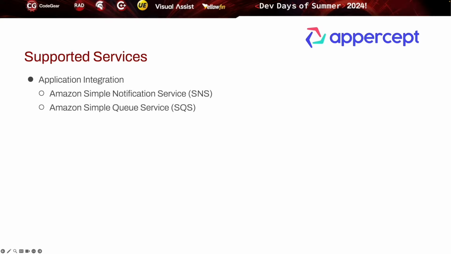That's Apple Push Notification Service, that's Firebase Cloud Messaging, and other push notification services, as well as delivering notifications to other mechanisms such as HTTP endpoints and so on. So we offer support for that. The other service in this category is the Simple Queue Service.